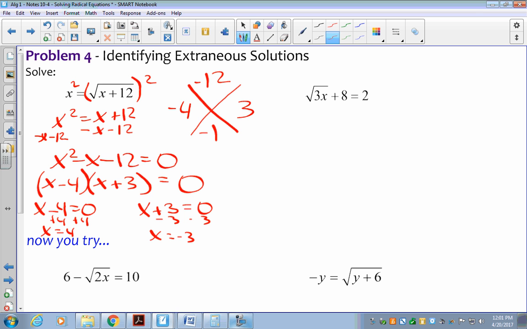So we're going to ask ourselves, when I plug in 4 for x, so that's 4 equals square root of 4 plus 12. Is 4 equal to the square root of 16?